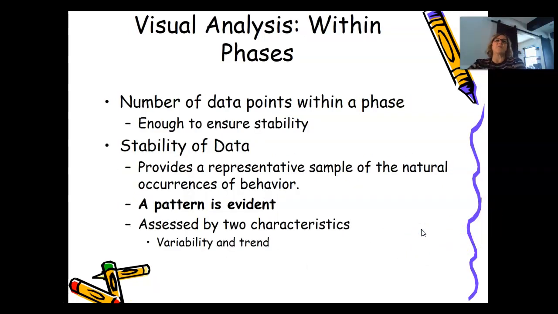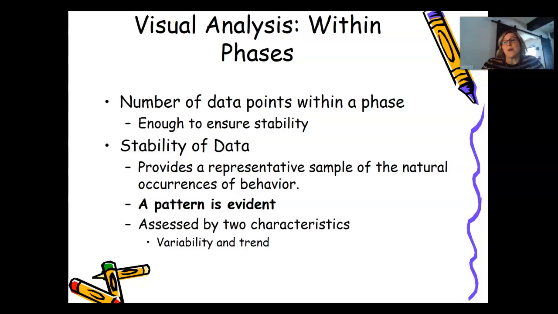Okay, so within phases, if you're looking just at your baseline data or just your intervention data, there are a couple things that you need to consider. One is the number of data points that you have within a phase. As we've talked about before, you need to ensure that your data are stable.